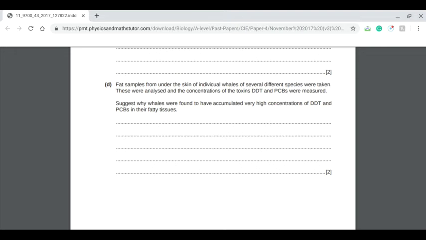So, for example, if this kind of toxin was found in the air that we breathe in, we would immediately say that the reason why there were high concentrations of DDT in humans or in pigs or whatever animal you want to say is because there were high concentrations of it present in the air. Same with whales, it was present in water.